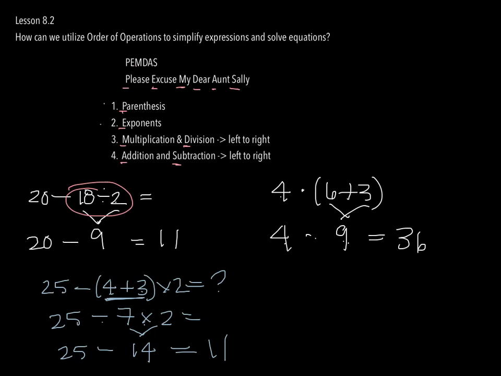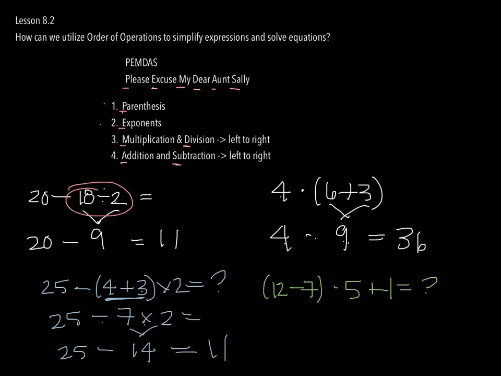Let's look at another example. Let's switch colors again, because we can. The quantity 12 less 7 times 5 plus 1 is equal to what? Now where do we start?